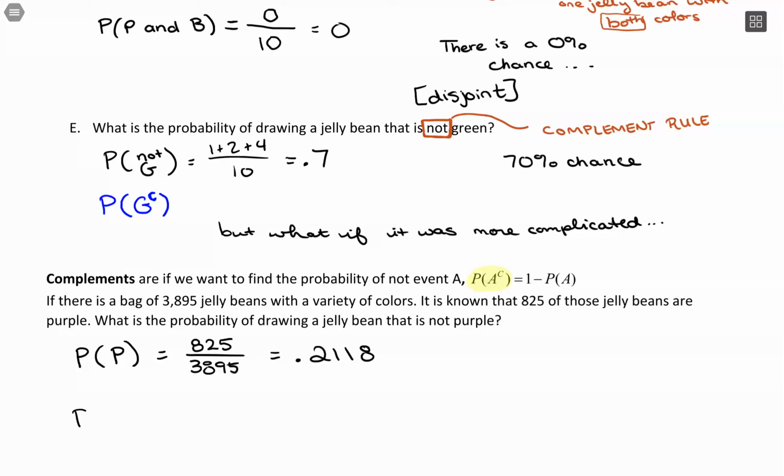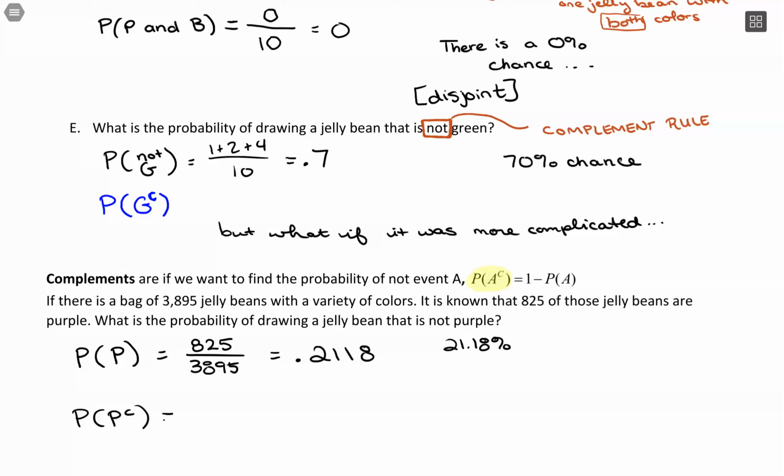So if I want the probability that a jelly bean's not purple, well, if there's this 21.18% chance, I just want the opposite of that, which in terms of complements means kind of like the rest of that 100%. We have 100% of our jelly beans, 21.18% of them are purple, so the rest is not purple. So we want to figure out what's that leftover amount with 100%.